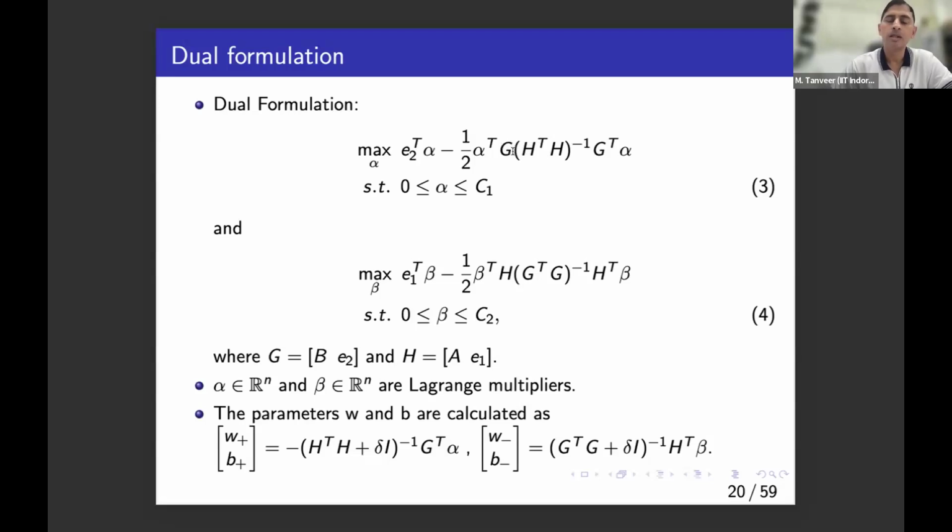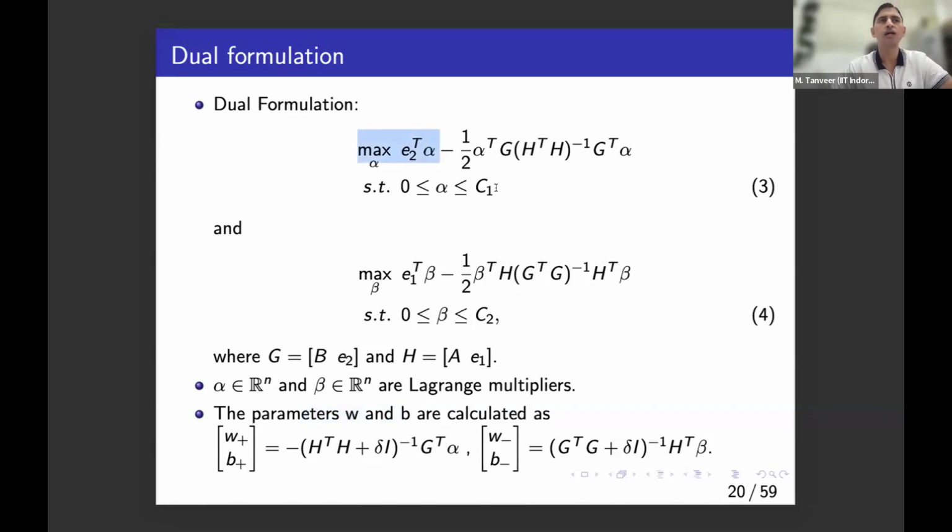So what the authors have done in this paper is they have added extra regularization terms so that the optimization problem is invertible. So this is one of the drawbacks of this algorithm.